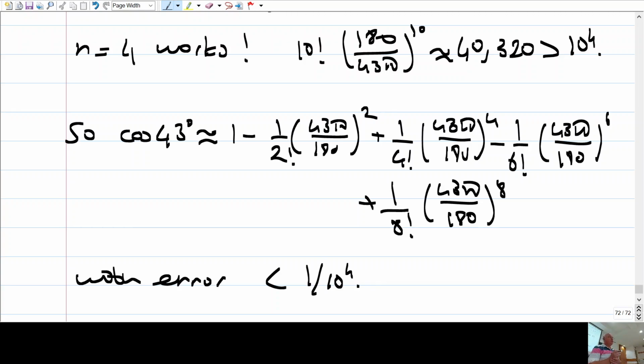Indeed, computers and calculators all use these power series expansions to compute functions like exponentials, trigonometric functions, and logarithms. So this is how computers actually compute these functions.